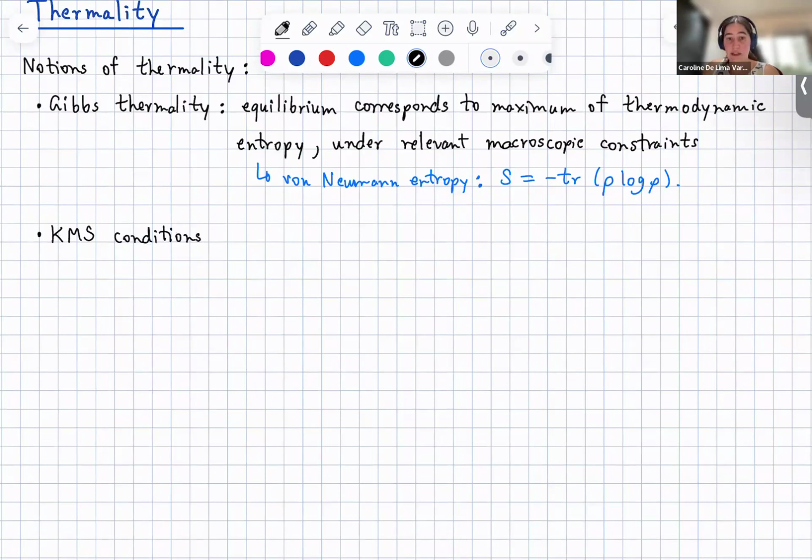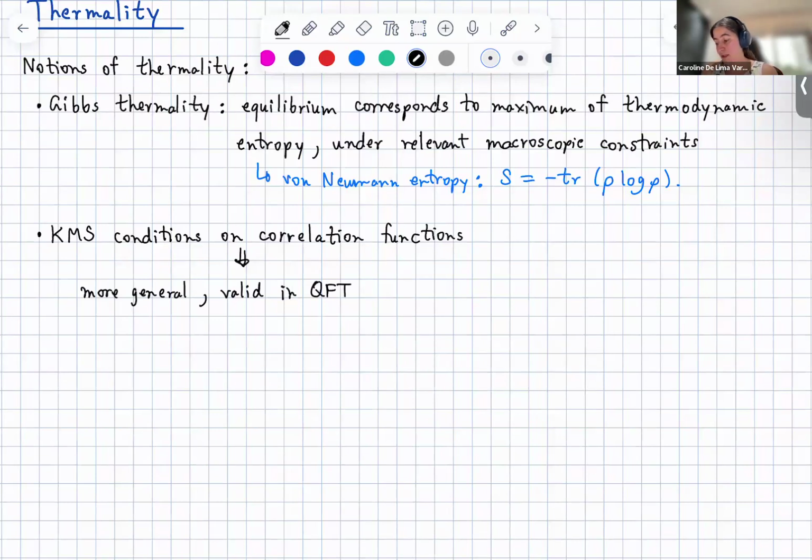These KMS conditions are imposed on correlation functions, and I think they are the most general notion of thermality. They are more general than Gibbs thermality, and they are also valid in QFT. They're a bit harder to state in terms of the math, but they are the most general notion of thermality that you have.